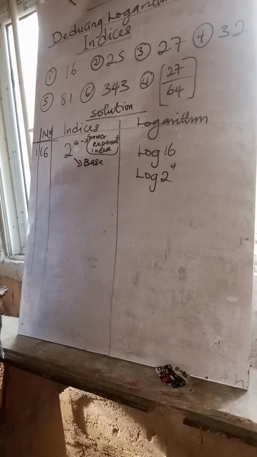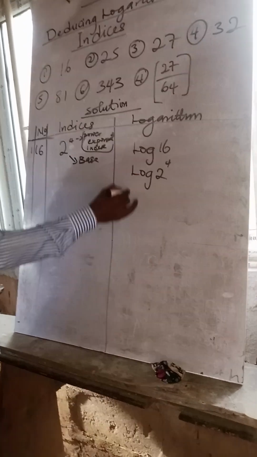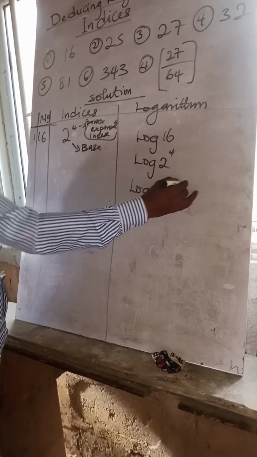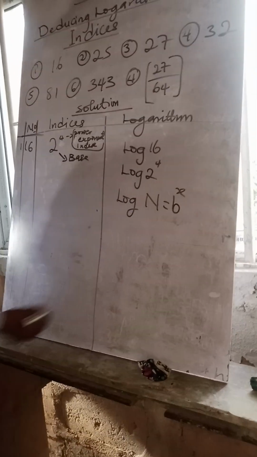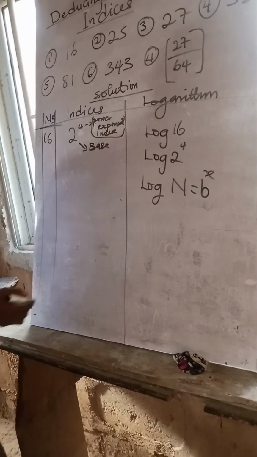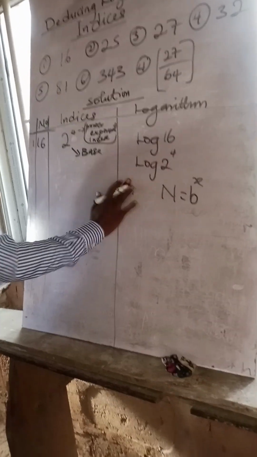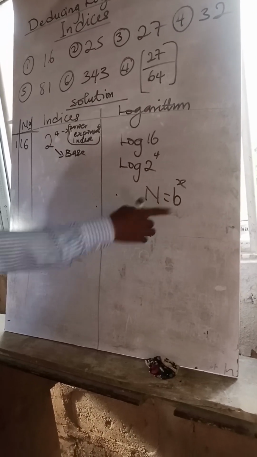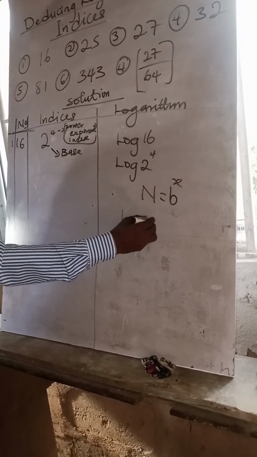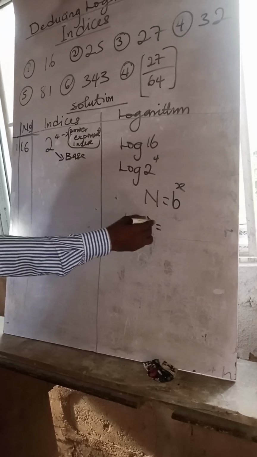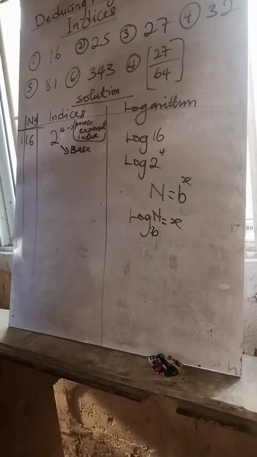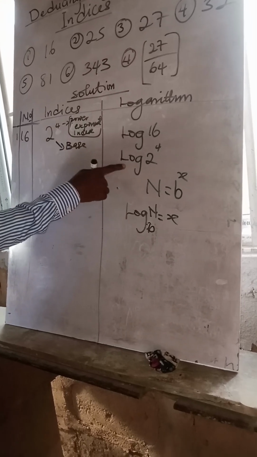Take note that our rule in log says that if b raised to the power x is equal to n, then in log, log n base b gives us x.